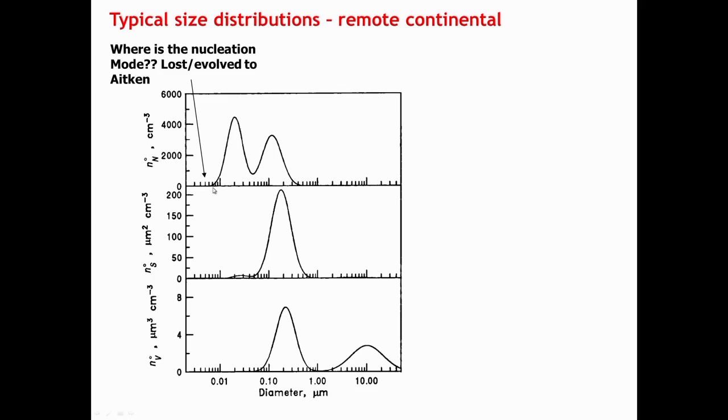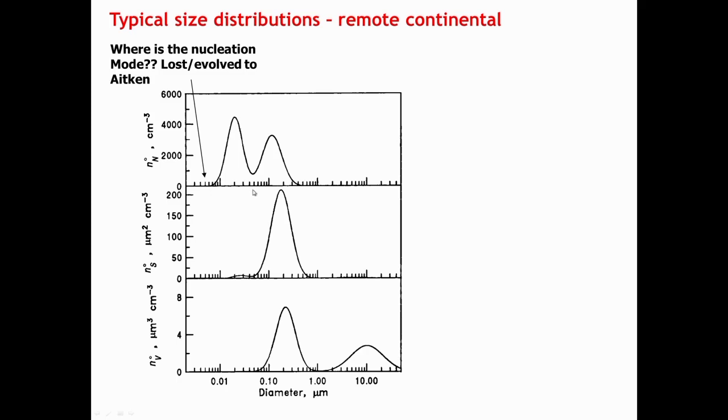Has anyone got any ideas about why there sometimes is nucleation and sometimes isn't? If you have no sulfur dioxide, you'll have no sulfuric acid, so you won't be able to nucleate with sulfuric acid.